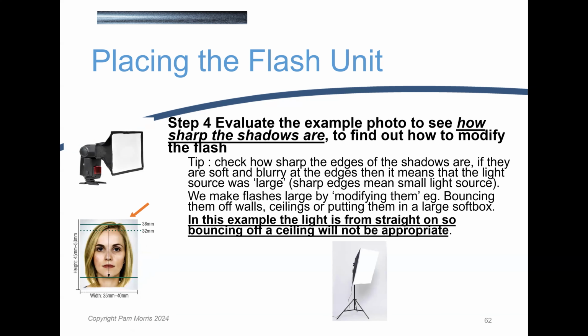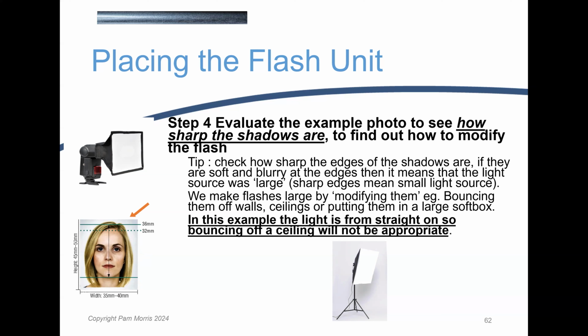So again, with the light source, if we have got it 2 meters away, we want the edges of the shadows to be quite soft, and in this case they are, and that requires us to have a modifier on our flash, some sort of softbox, because if we use just a flash without a softbox on it, it ends up being a very small light source.